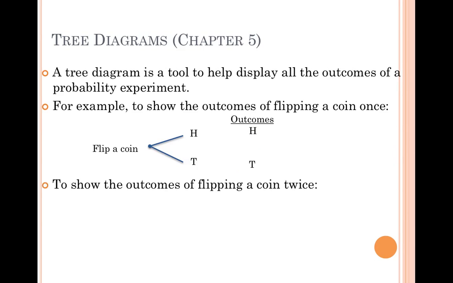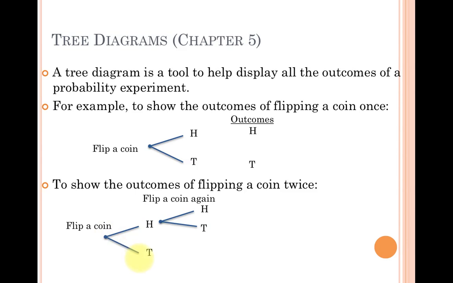But if we make it a little bit more complex, where we flip a coin twice, we flip the coin one time and we branch out to the two possibilities, heads or tails. If we flip it once and get heads, then we'll flip it twice and get two more possibilities, heads or tails.